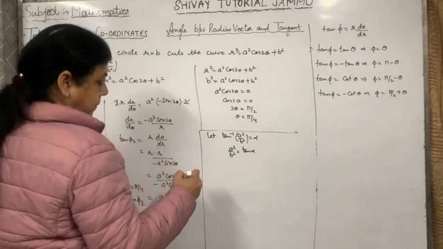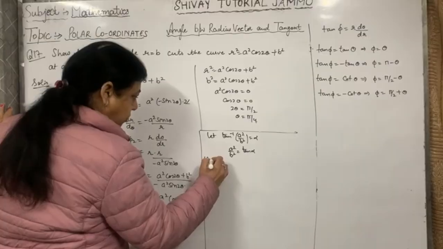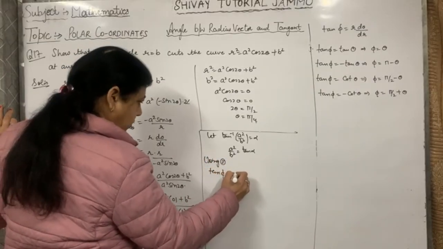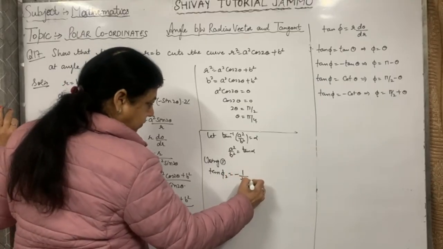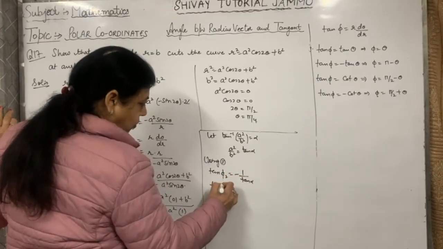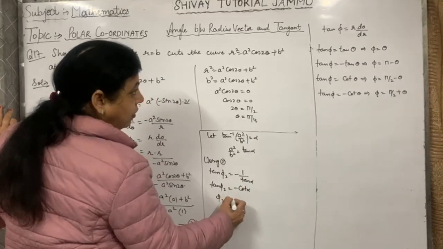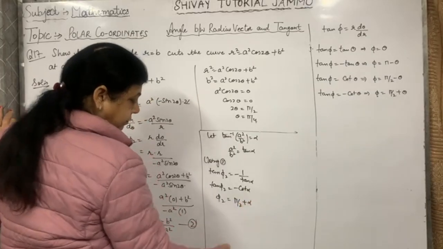So putting in 2, using 2, tan phi 2 is minus 1 by tan alpha. Tan phi 2 is minus cot alpha. Phi 2 is pi by 2 plus alpha.